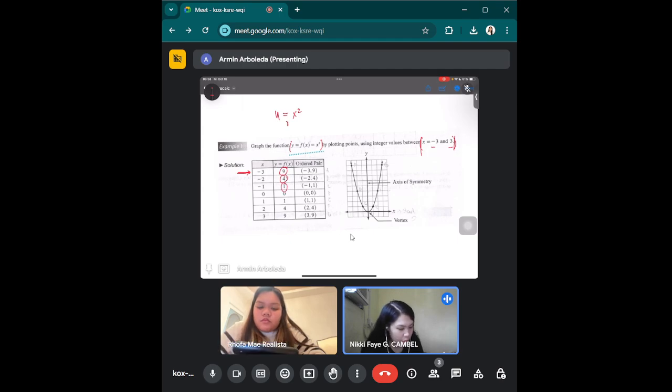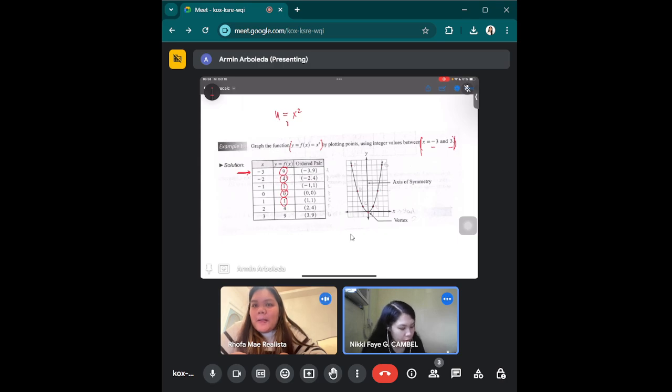That's what I taught you just now. So, anong gagamitin sa x and y na to? We have what we call your ordered pairs. So, these are the points in the graph. Ito yung mga points sa graph kung saan nagme-make siya ng parabola.